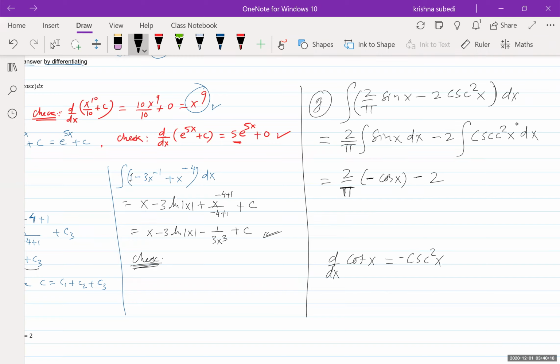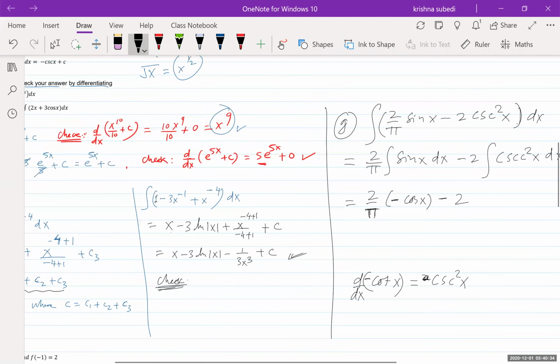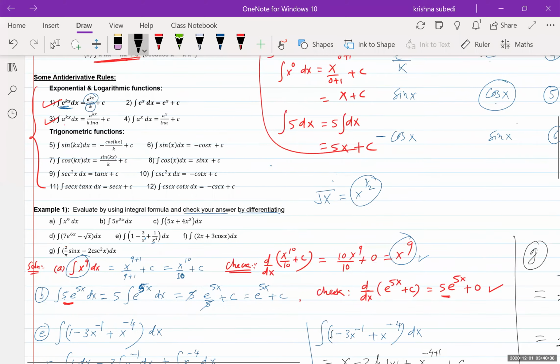Minus cosec square x, yes, right? So therefore, the derivative of negative cot x is cosec square x. We know this. So we can use that as a formula, or the formula is already written there.